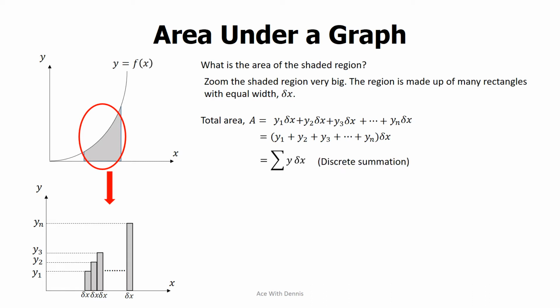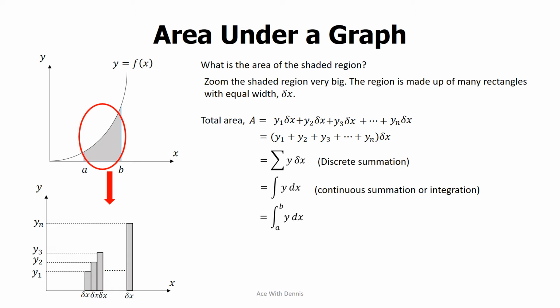However, this symbol represents discrete summation. Since the graph is a continuous graph, we need to rewrite this equation to become the integration of y dx. And this is a continuous summation, which is integration. So it starts with a and ends with b.